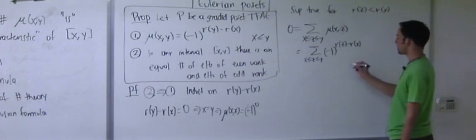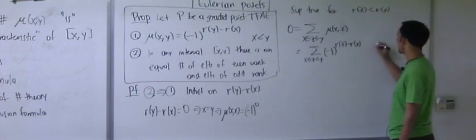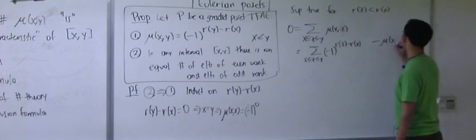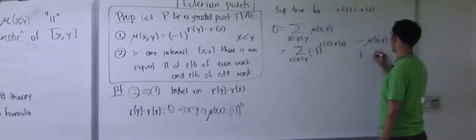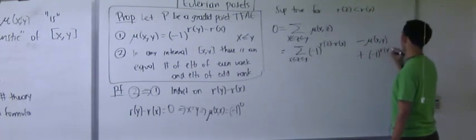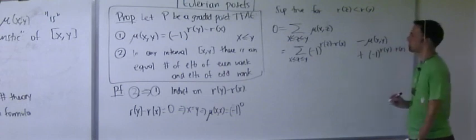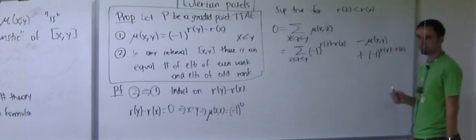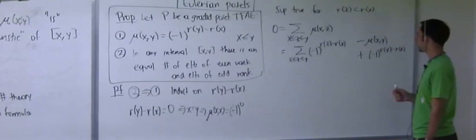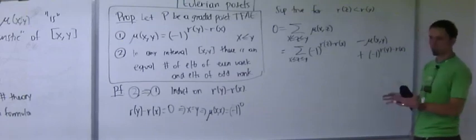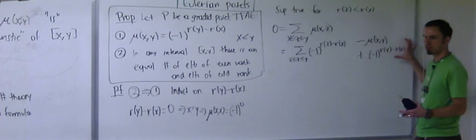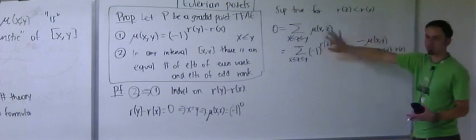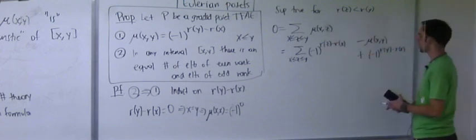So let me correct for that by subtracting mu of x comma y and adding minus 1 to the rank of y minus rank of x. Okay. And of course, what I would like to prove is that actually there is no correction term here, that this really is 0, and this is really an equality.